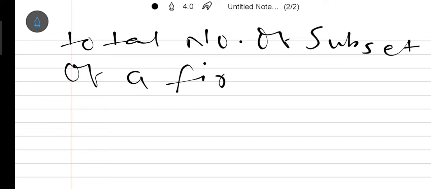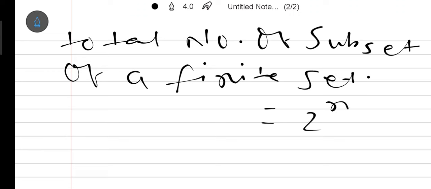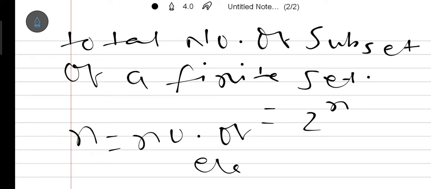I am using a finite set here because we don't know the number of elements in an infinite set. The formula is 2 to the power n. Here n is the number of elements present in that set.